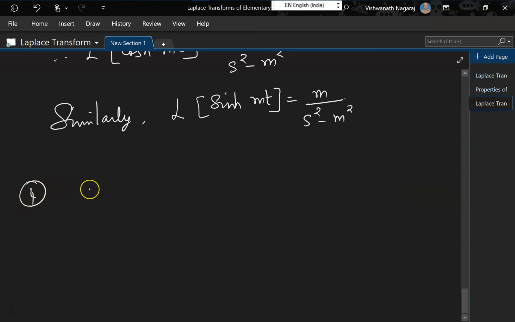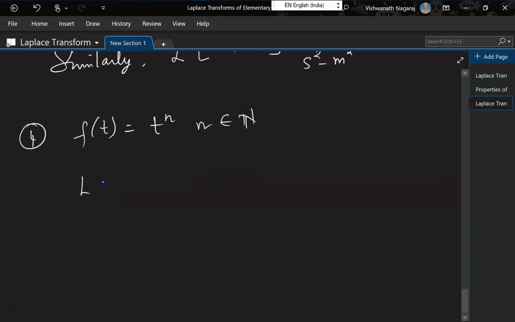Fourth one. Let's say the function f of t is equal to t to the power of n, where n belongs to the natural numbers. So the Laplace transform of t to the power of n would be equal to the integral from 0 to infinity of t to the power of n times e to the power of minus st dt. This is equal to, and remember now we have to do integration by parts.